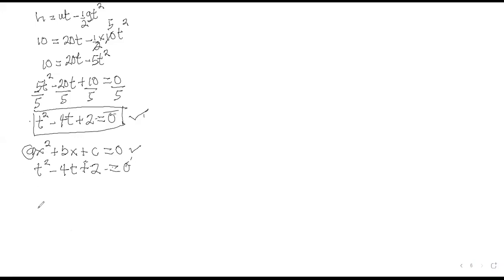So a here is equal to 1, there's a number 1 here but we don't usually write it, and b is equal to negative 4, and c is equal to positive 2.